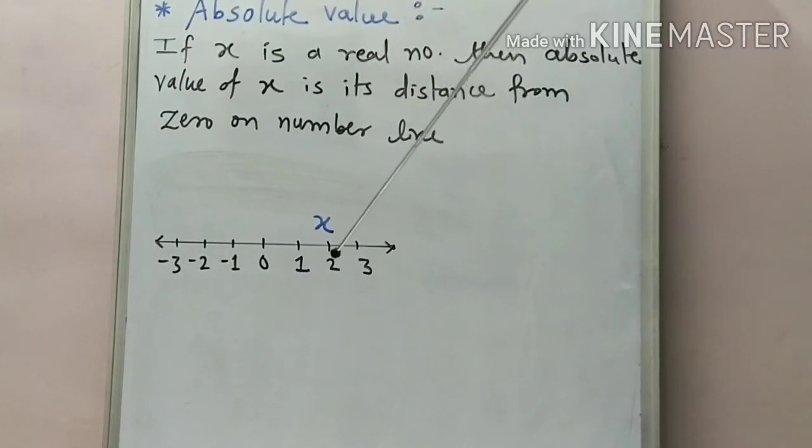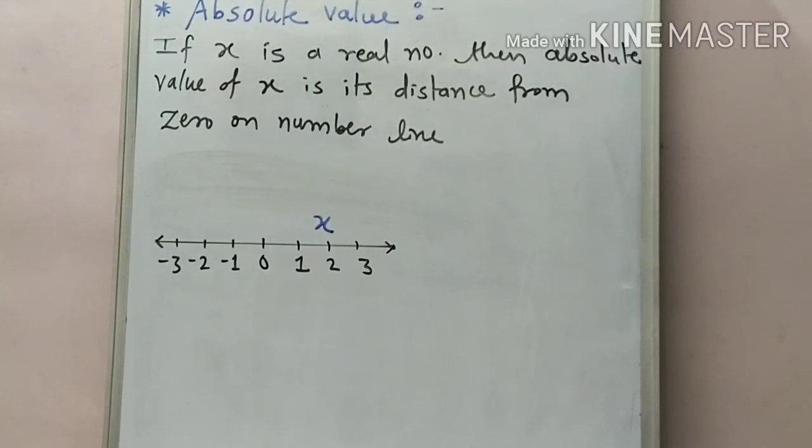Okay, so the distance of x means the distance of 2 from 0, how we count it: from 0 to 1 it's 1 unit, and 1 to 2 is 2 units, means the distance of 2 from 0 is what, 2 units, and therefore the absolute value of x is what, 2.